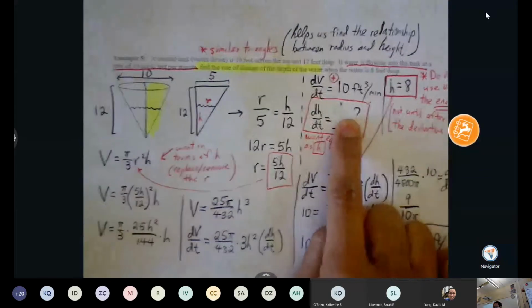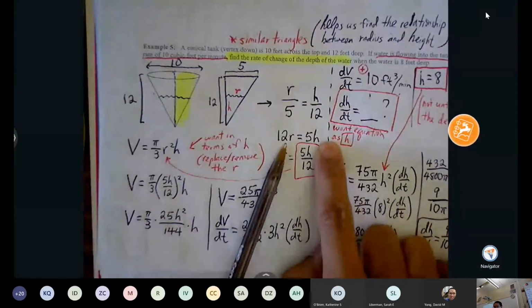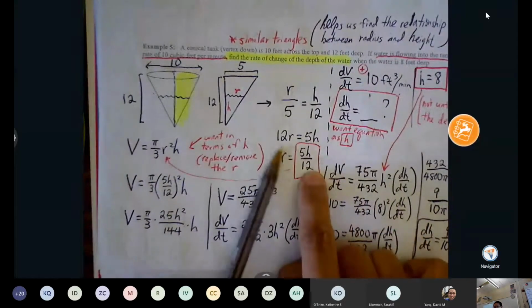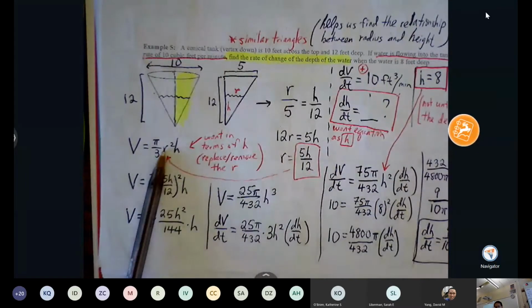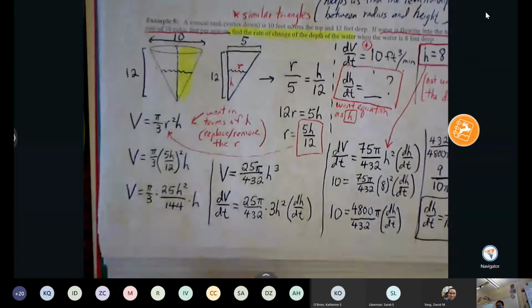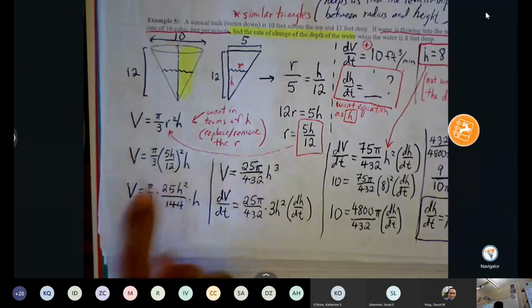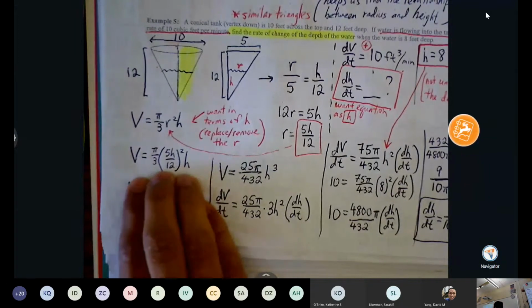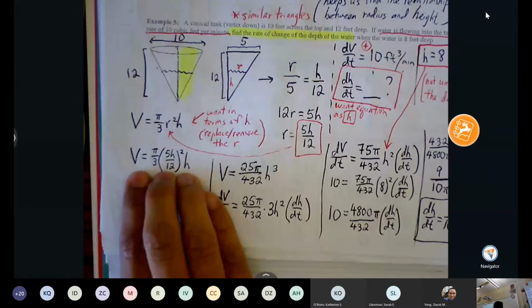So dh dt indicates we're trying to get our equation in terms of h. So we create our proportion here. We solve for r because r is the variable that we want to remove. So we remove r, get in terms of h. And here, technically, we're ready for the derivative, but let's keep going. If we can avoid messy derivative rules, let's try to avoid them.